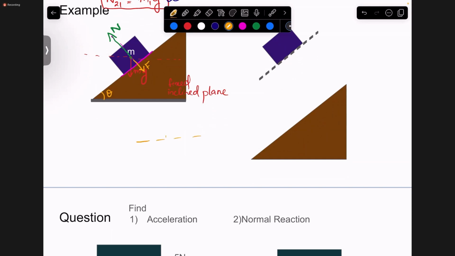This is the horizontal surface, and this is an inclined plane. This is a force mg that is acting downwards. This is theta.